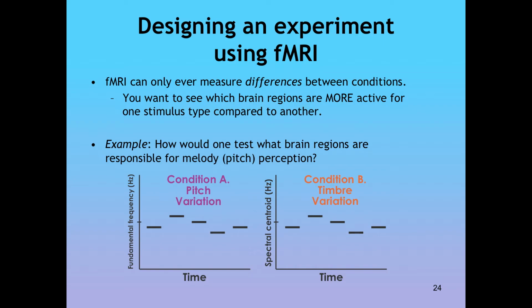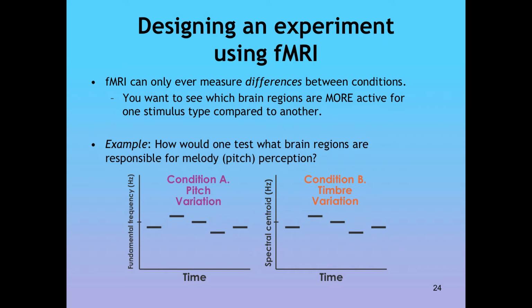So I'd have a condition where I'm playing sequences of pitches, which is creating a melody, and that will give me some sort of activation in the brain. But in order to determine if that area is specific to melody perception, I need to compare it to something else, like a sequence of sounds that varies in some other way, like varying in the timbre of the sounds, like playing musical instruments, but they're all playing the same pitch.